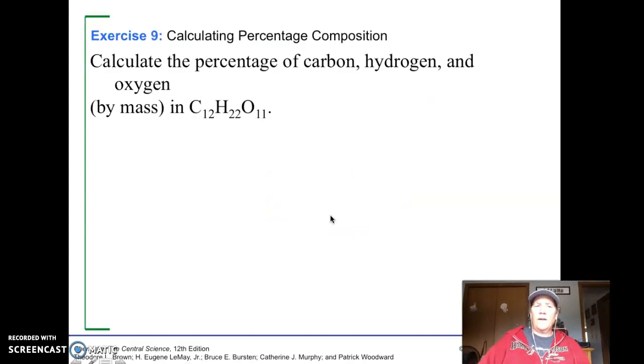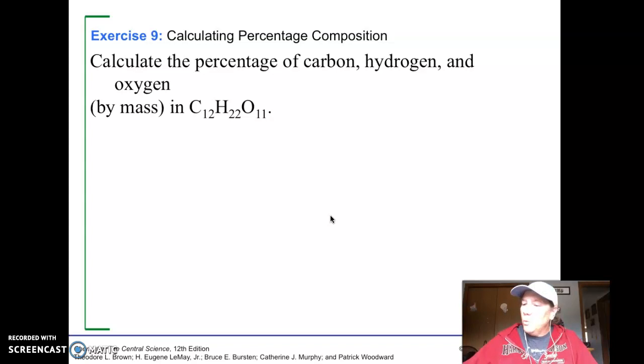Do I have another one? If I was doing this one, calculate carbon, hydrogen, oxygen in C12H22O11. So in sugar, I can tell you the whole thing is 342. We did that already. So that's the mass of 12 carbon, 22 hydrogen, and 11 oxygen. If I take 12 times 12, that's 144. This is the carbon.